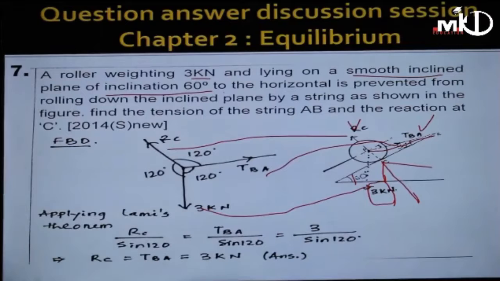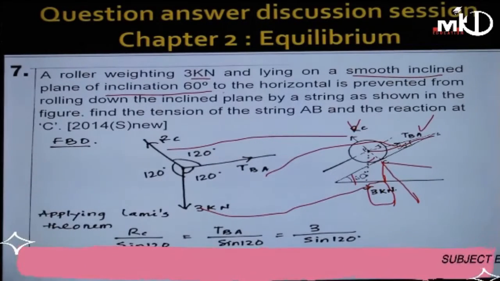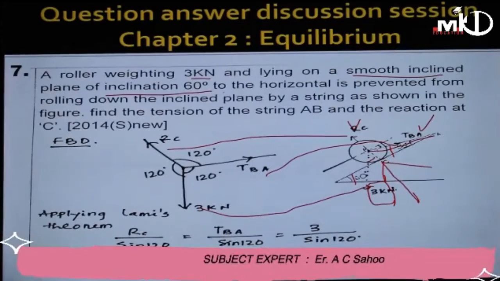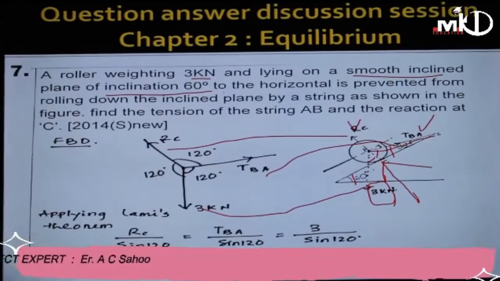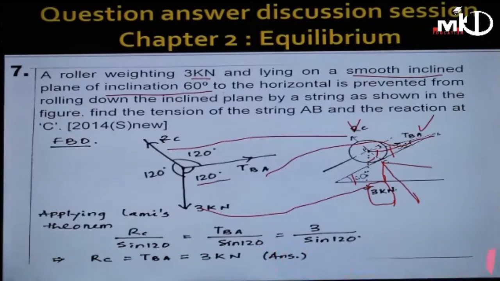And the angle is 60 degree. So this weight with RC is 60 degree, and this angle is 30 degree, so this will be 60, and this is 60 again. So between TBA and the 3 kN weight the angle is 120.